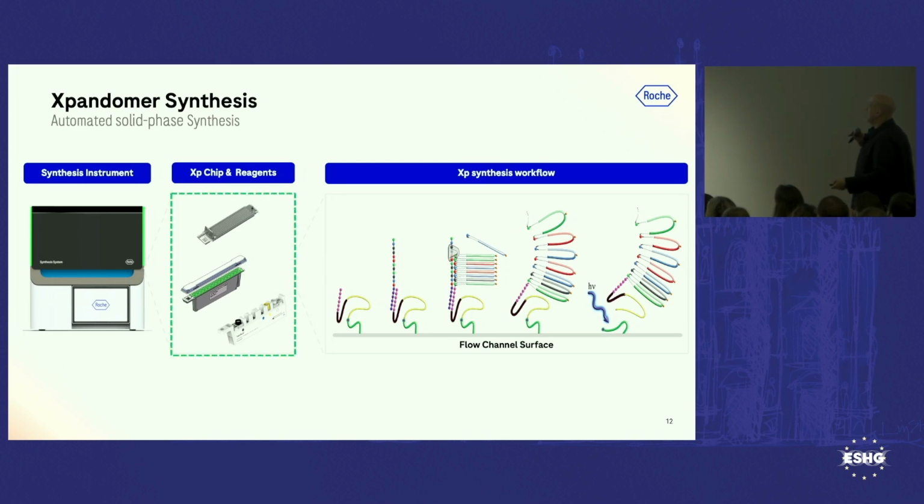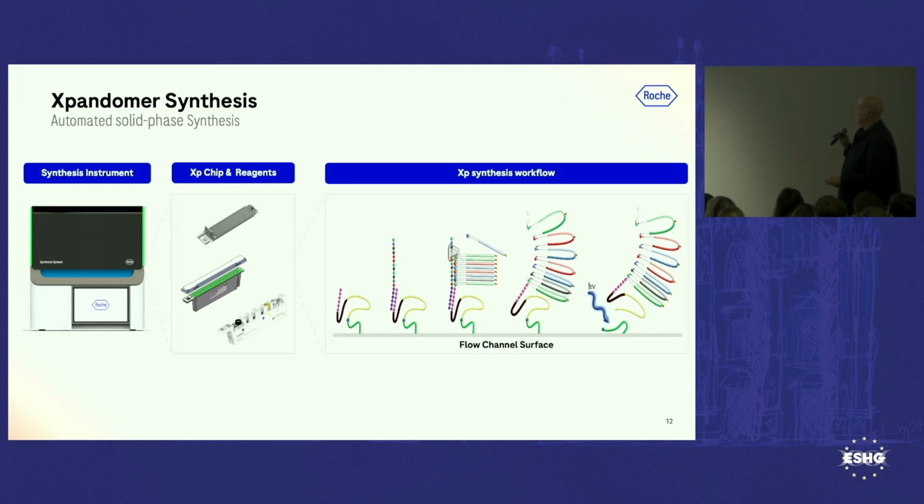So the basic idea of the synthesis instrument is liquid handling, reaction control system to synthesize the expandamer on this chip that we show in the top left panel there in the green box, as well as a bunch of reagents to basically support the biochemical synthesis and conversion of the DNA template into an expandamer. So it's pretty intuitive.